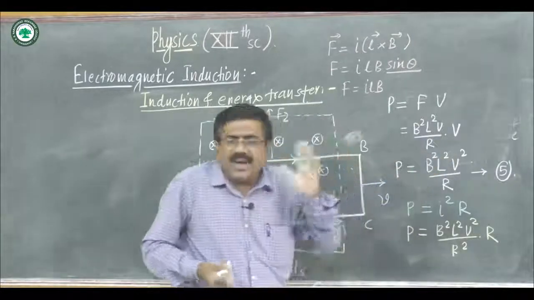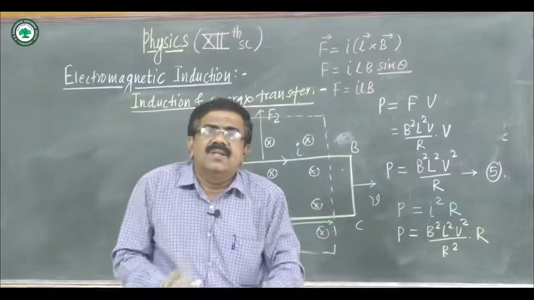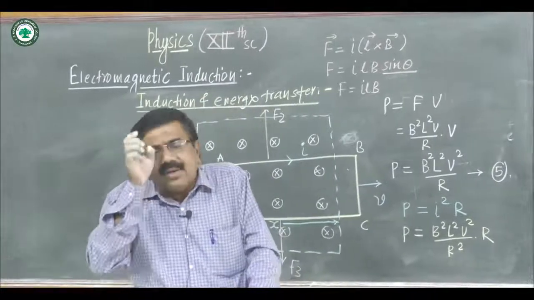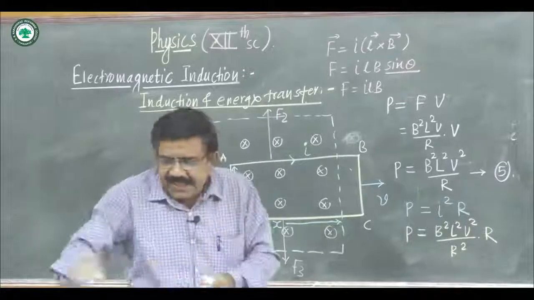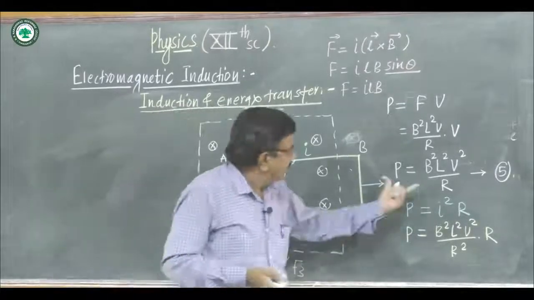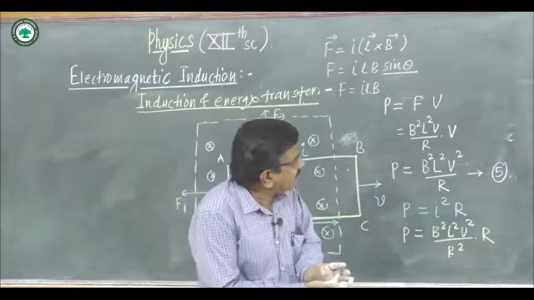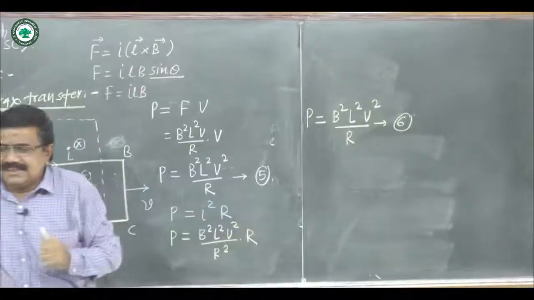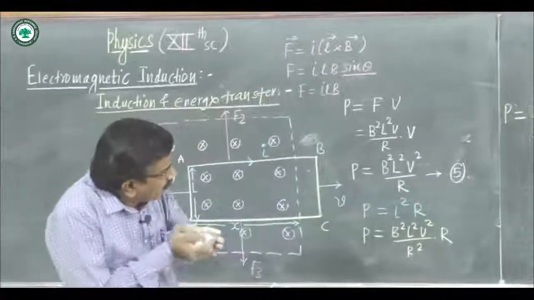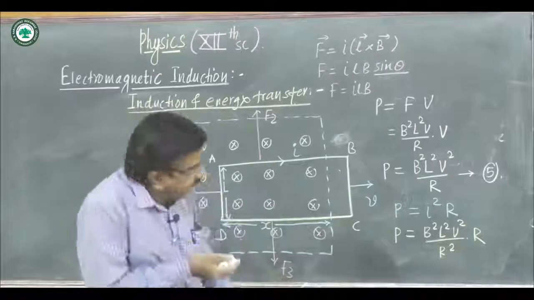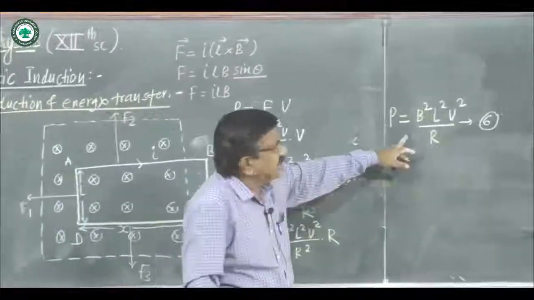So from 5 and 6 we say that the rate of doing mechanical work is exactly same as the rate of production of heat energy in the circuit or loop.